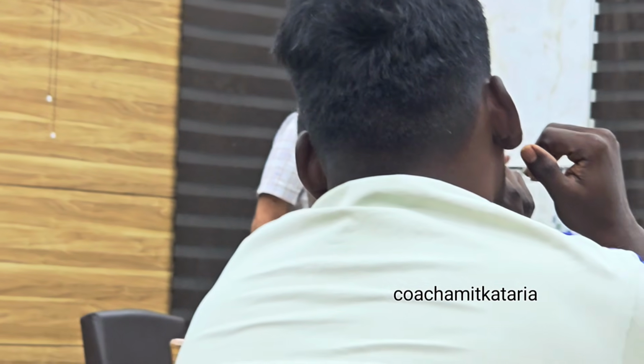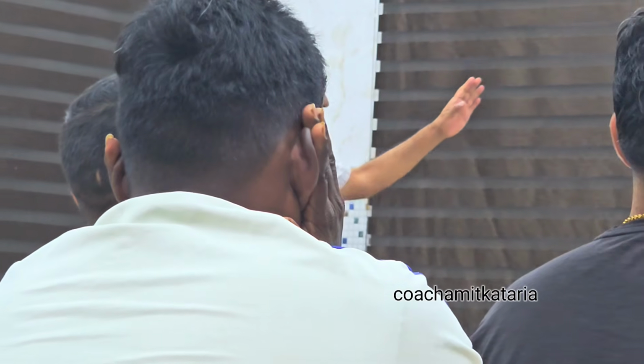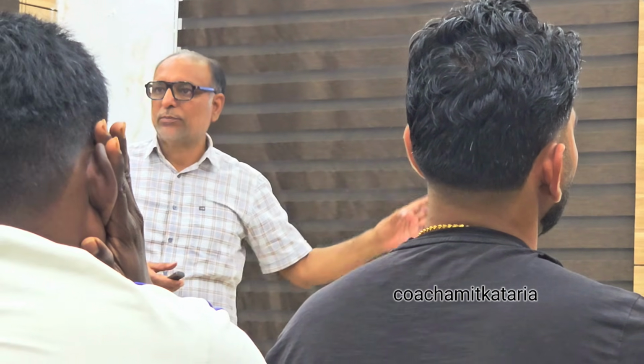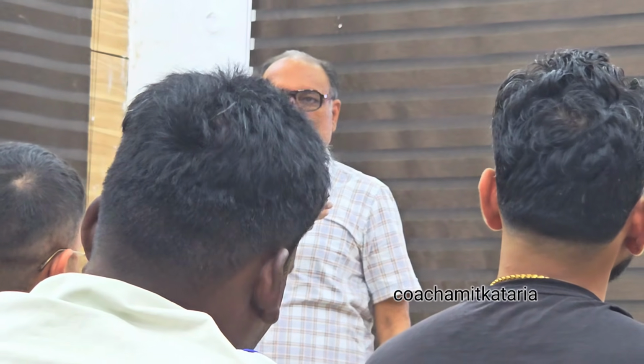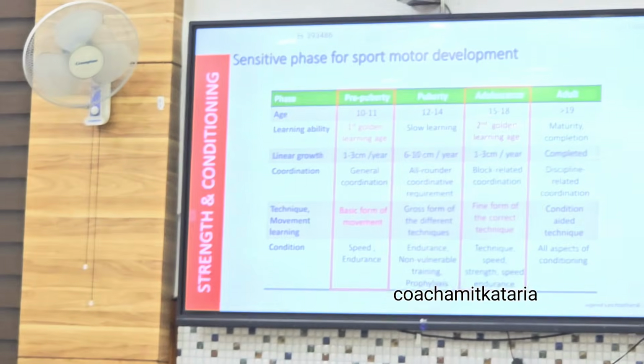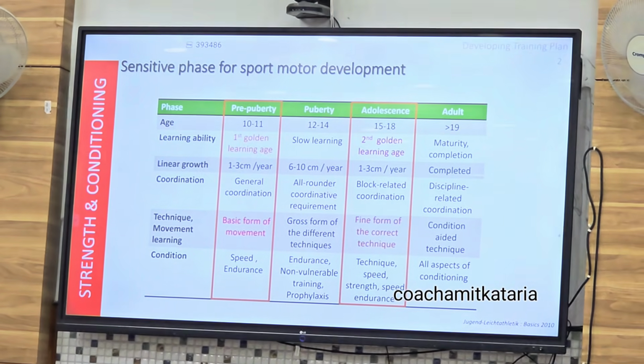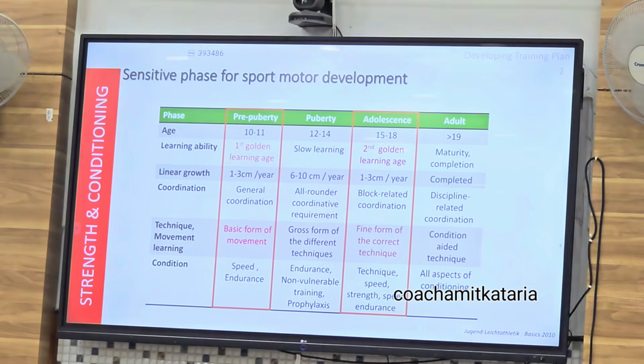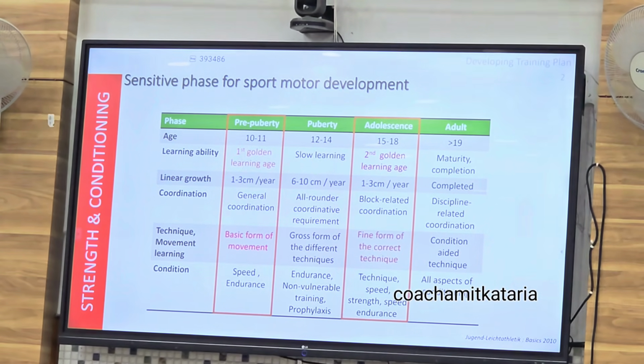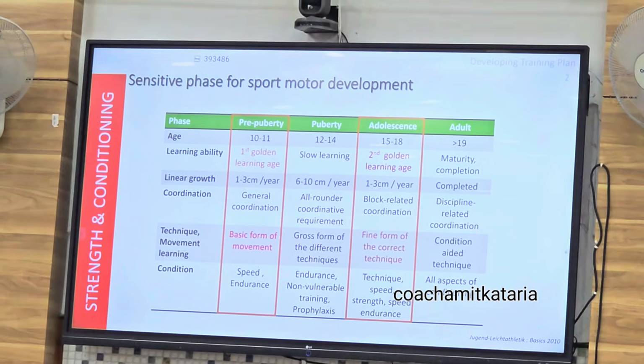Pre-puberty, when the child is not yet in puberty, in childhood, and especially after puberty. During puberty also this is important. It is mentioned here, but that is a very sensitive phase because the body is growing at a faster rate. So every 6 months you see our child is growing at a rate of, say, 10 centimeters in 1 year, 5 centimeters in 6 months, every month the body is changing. So the brain is getting new experience.